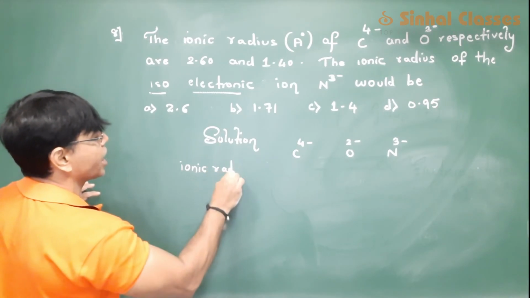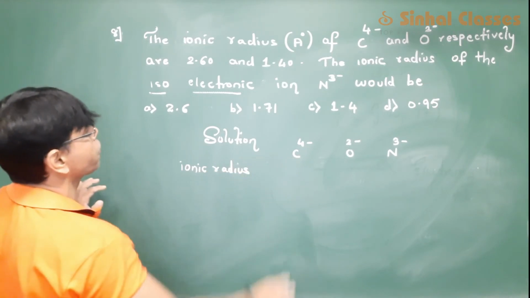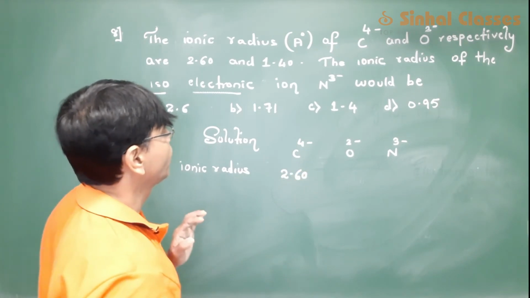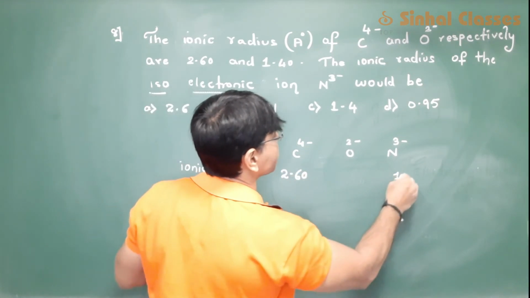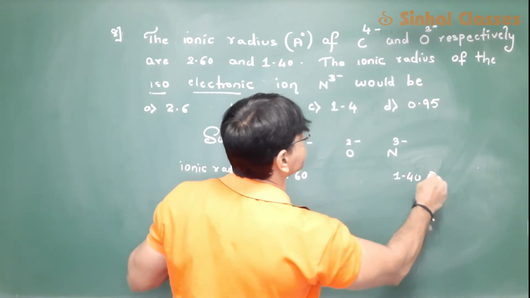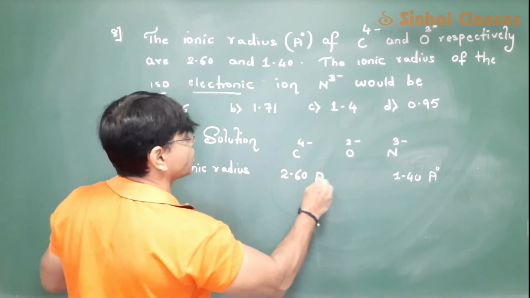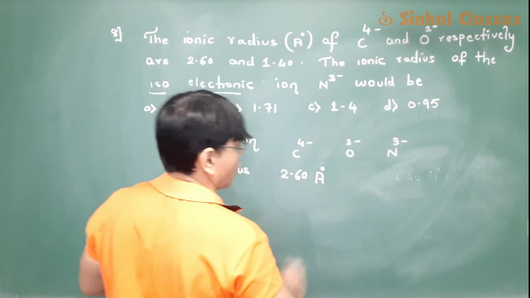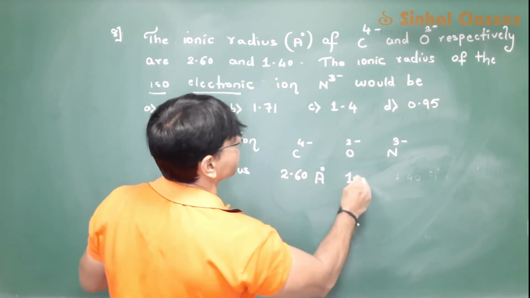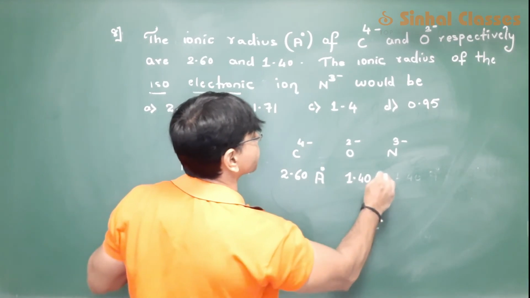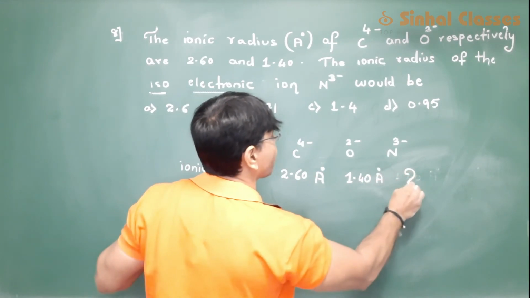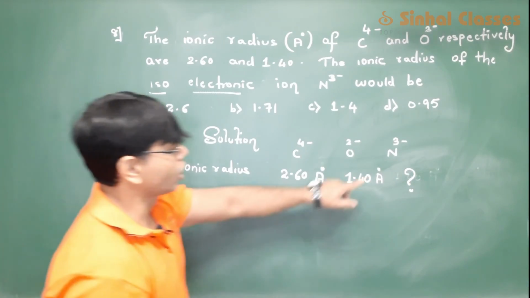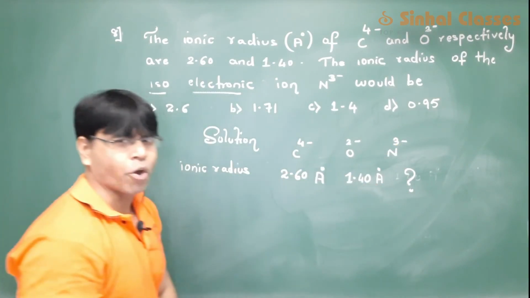The ionic radius given for C4 minus is 2.60, whereas for oxygen it is 1.40, and they are asking for N3 minus.